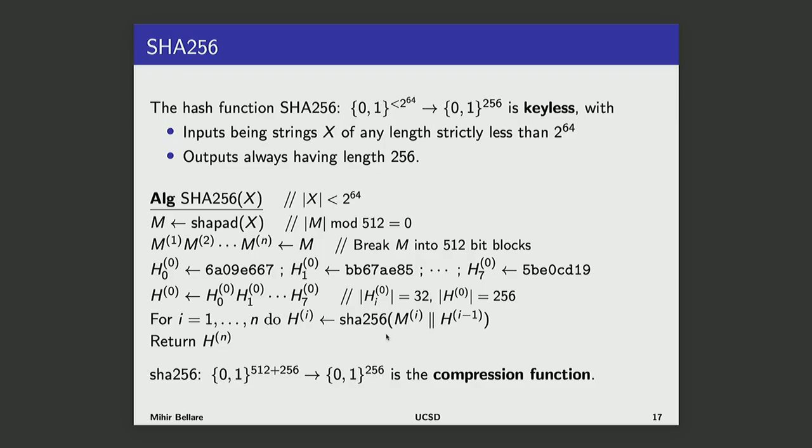And what you do with this is that you take one block of the message and the current h value. So when i is 1, you take the first message block and this h value, and you apply the function, and you get out some 256 bits. That's the next h value. And then you keep going down the message and generating h values one after the other, and the last one is returned. This is called compression because you're slowly walking down the input and compressing it block by block.